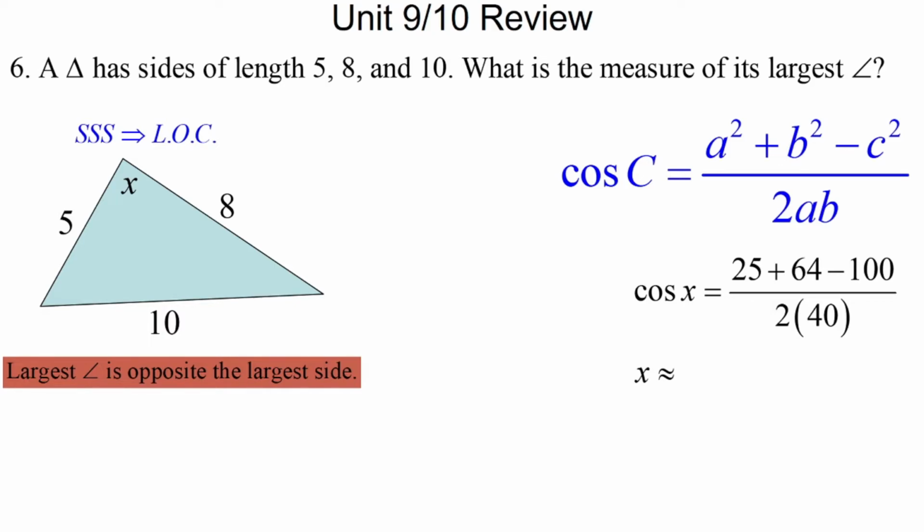All right, double check. Inverse cosine of 25 plus 64 minus 100 over 80. Yep, that's it. All right, and that is an angle.